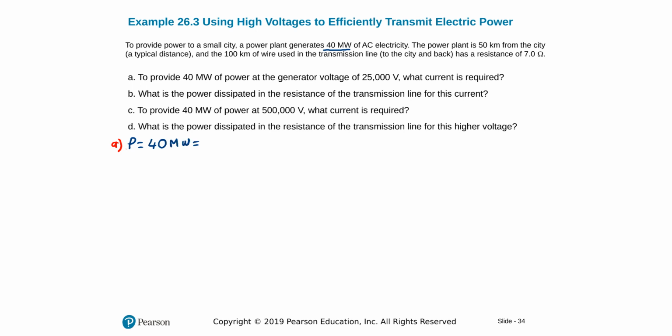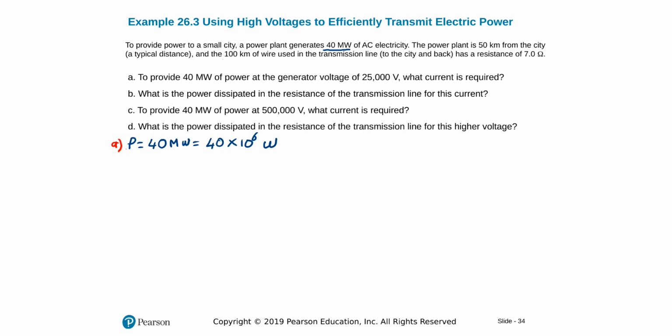Mega is 10 to the 6, or million, so it's 40 times 10 to the 6, or 40 million watts. The power plant is 50 kilometers from the city, a typical distance, and 100 kilometers of wire is used in the transmission line. This is extra information.